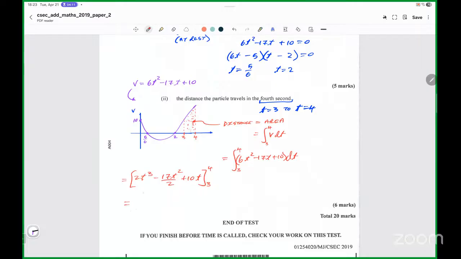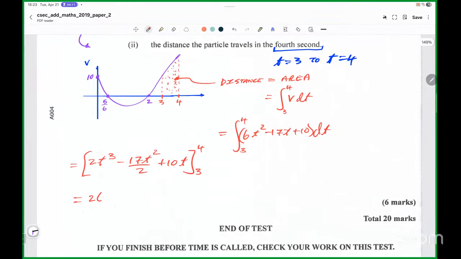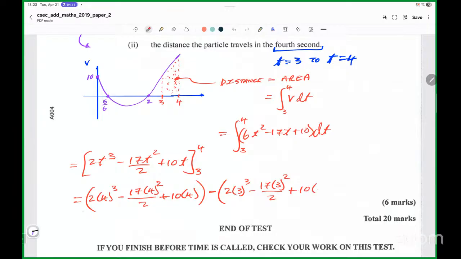So it becomes equal to 2 times 4 cubed minus 17 times 4 squared over 2 plus 10 times 4. The first bracket is done; subtract, and plug in the 3 next: 2 times 3 cubed minus 17 times 3 squared over 2 plus 10 times 3. How much? 24.5 meters.